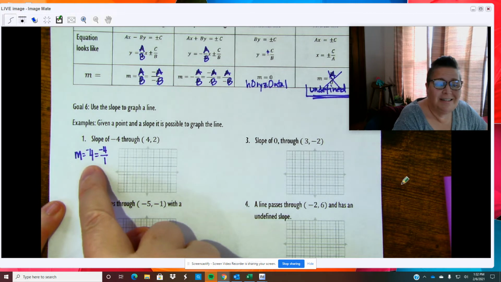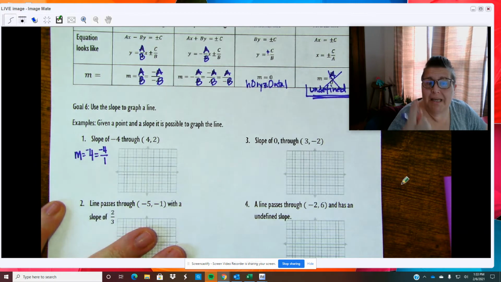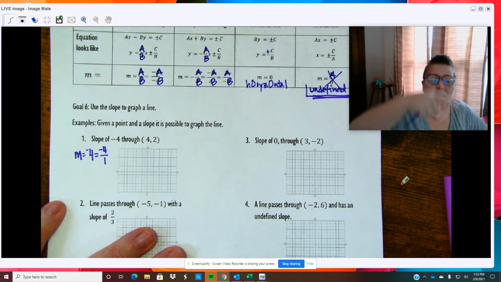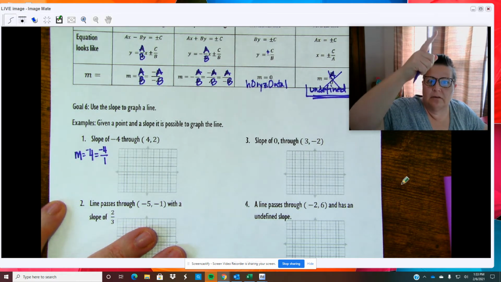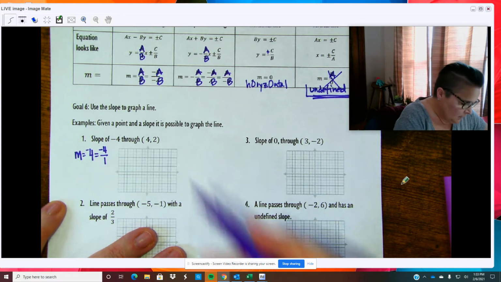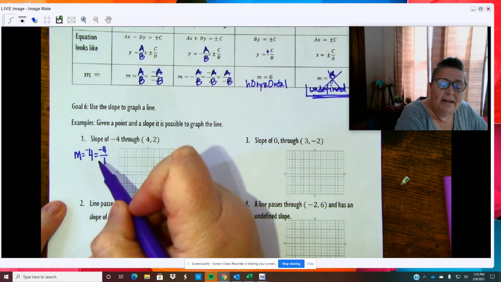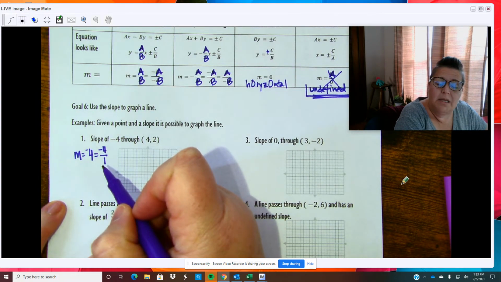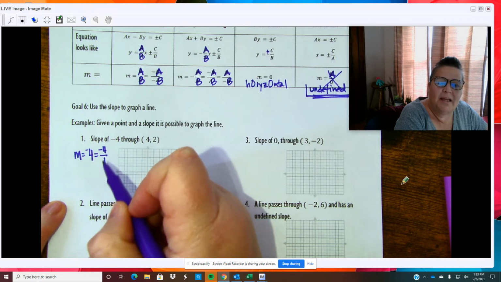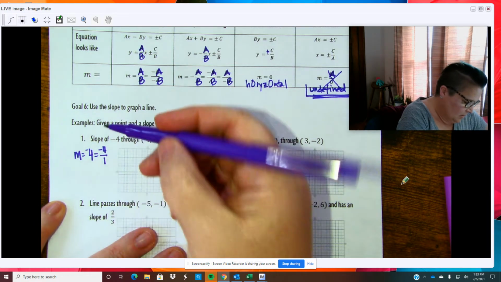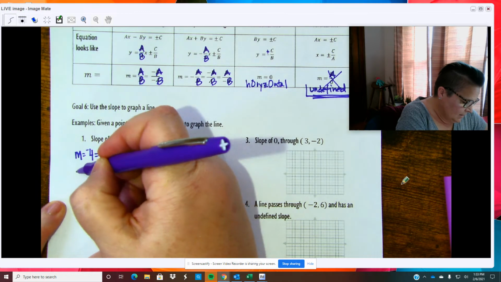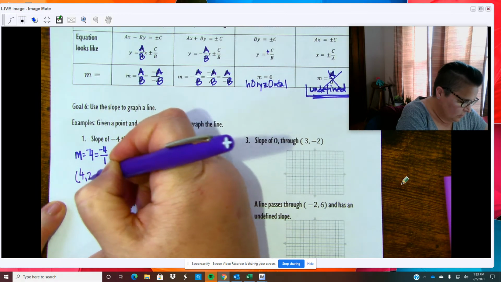If you're just seeing -4, you cannot see both parts. You're probably only recognizing the rise here, which can cause a problem because you can't create the triangle if you're just rising. So if you rewrite that as -4 over 1, then you can see both the rise and the run.